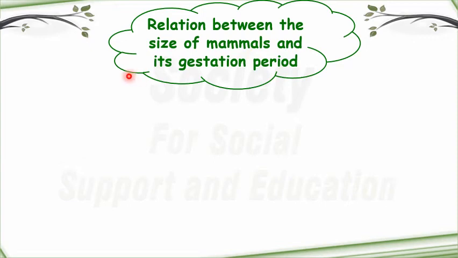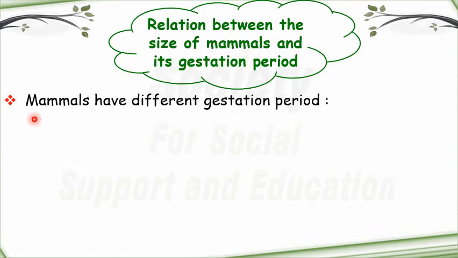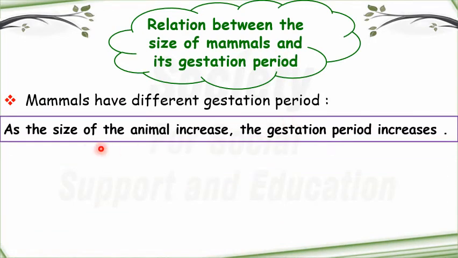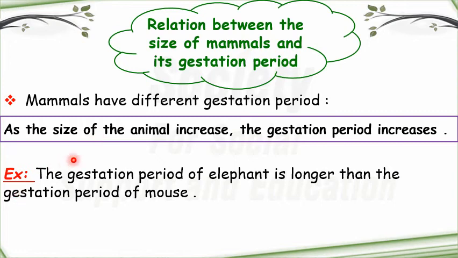Relation between the size of mammals and the gestation period. So, mammals have different gestation periods. As the size of the animal increases, the gestation period increases. For example, the gestation period of an elephant is longer than the gestation period of a mouse.